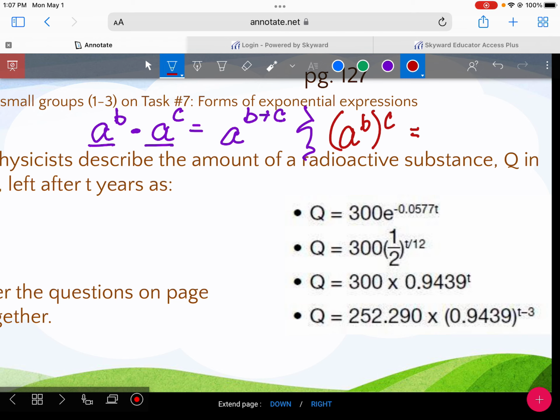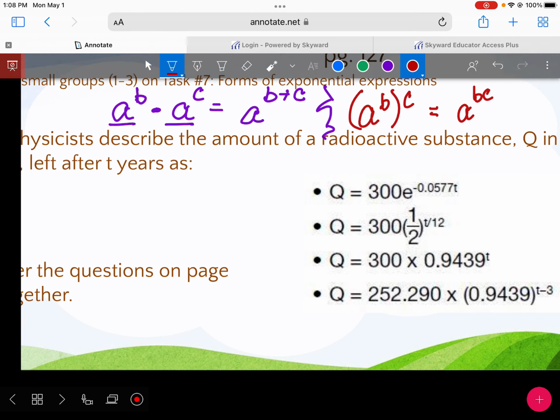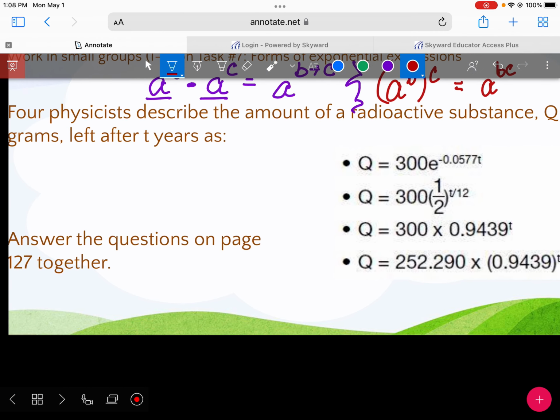Did you even do this? Yes. Probably in Algebra 2. A to the B, C, yes. So if you have a to the b power and you raise it to another power, you multiply the b and the c together. Okay?